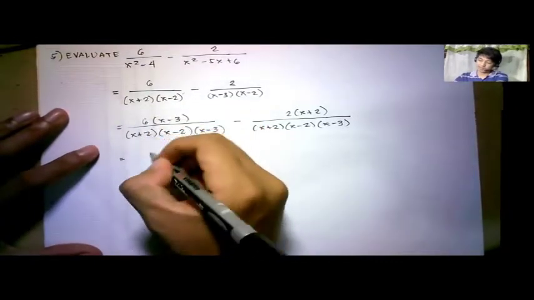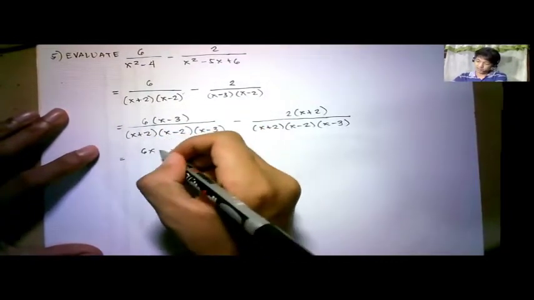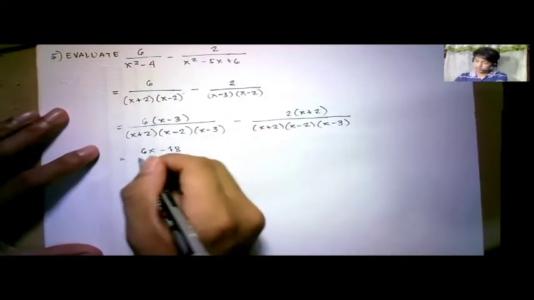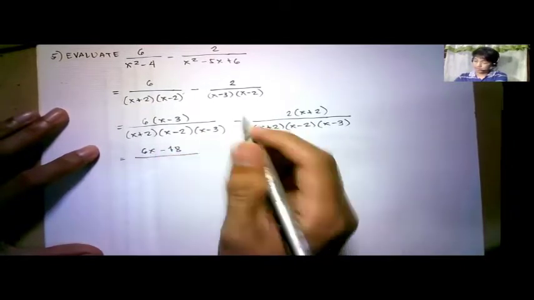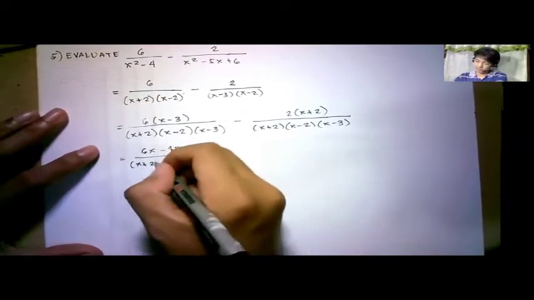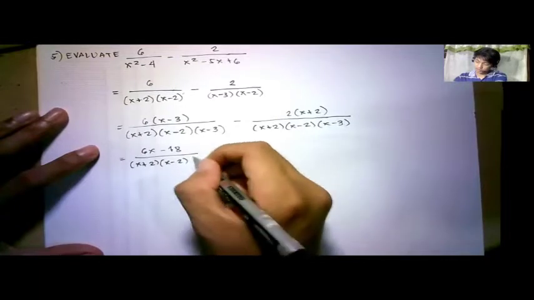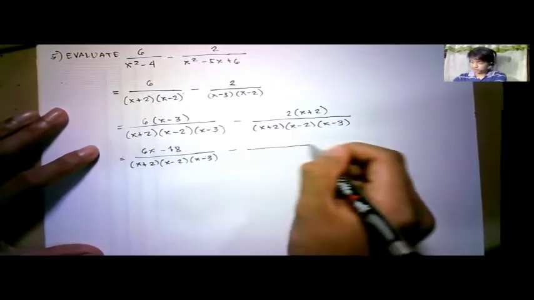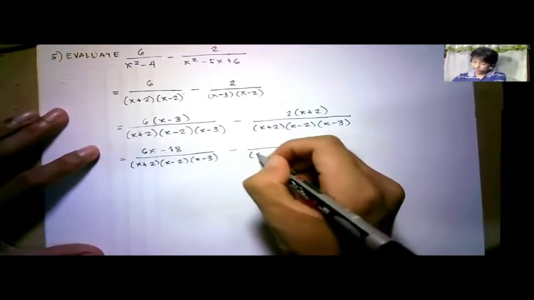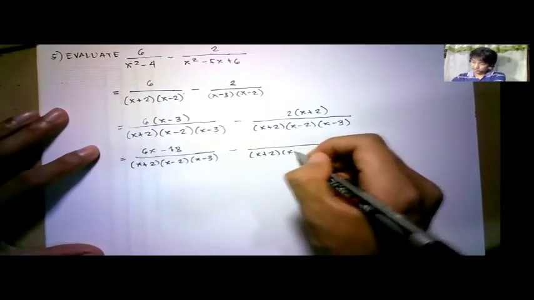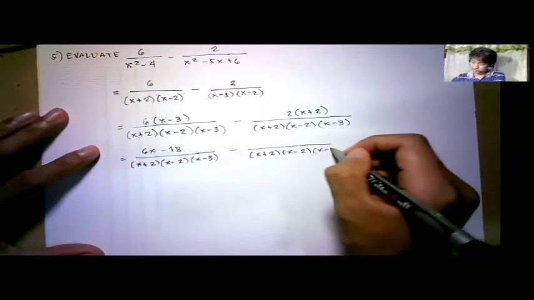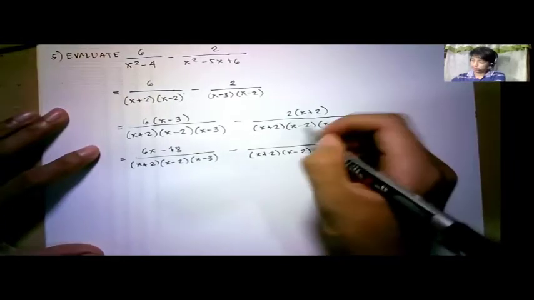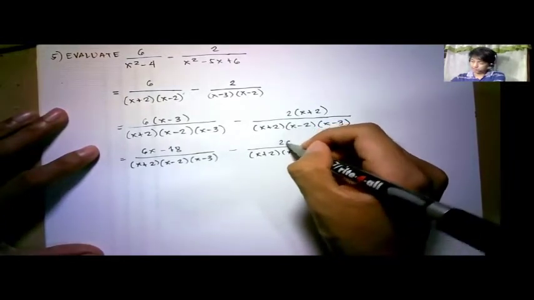Is equal to, so we evaluate 6x minus 18 all over x plus 2, x minus 2, x minus 3 minus x plus 2 times the quantity x minus 2 times the quantity x minus 3. So that will give you 2x plus 4.